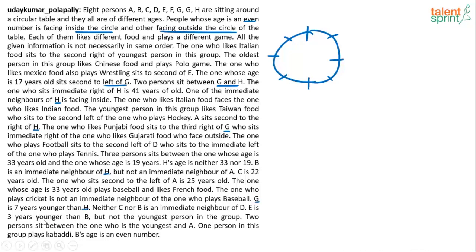So I think we should start with this, because a lot of connections can get built up if you use G and H. Now, different ways of starting it. Maybe we can assume G is either facing center or outwards. Accordingly mark the 17-year-old person, then accordingly mark H and just proceed. Two possibilities: G will either be facing center or outwards. So let's take both of them.